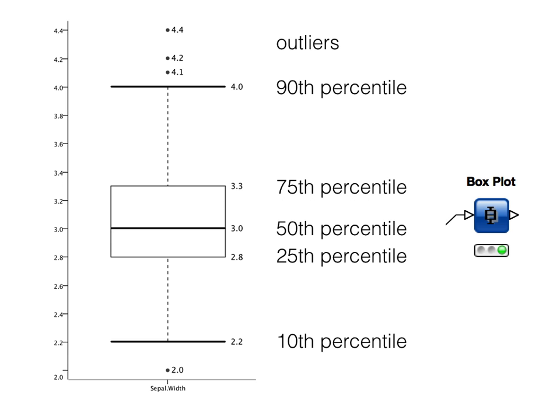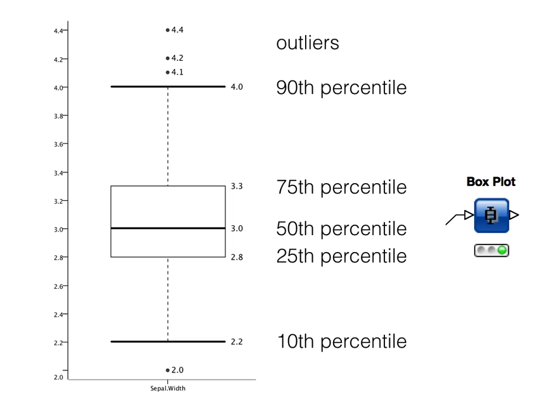This next slide is showing a box plot. And box plots are sort of cool. This is sepal width, and it's showing where the data is distributed. So we've got several things on here. Starting from the bottom, it's talking about the sepal width attribute. Forget that little dot that says 2.0, that's an outlier.